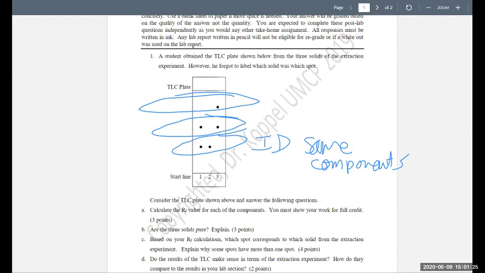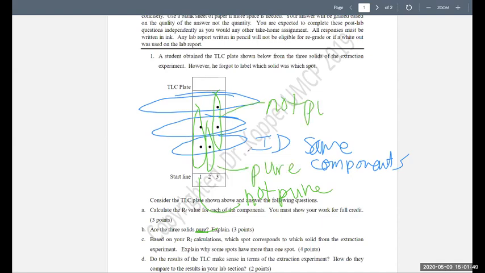However, when you're analyzing for purity, what we're looking for is not this. We're looking within each band, so each fraction. So the first one, not pure. The second one, yes, it is pure. I only have 1 component, and the last one you can see is not pure. And you should be able to ID what your impurities are.